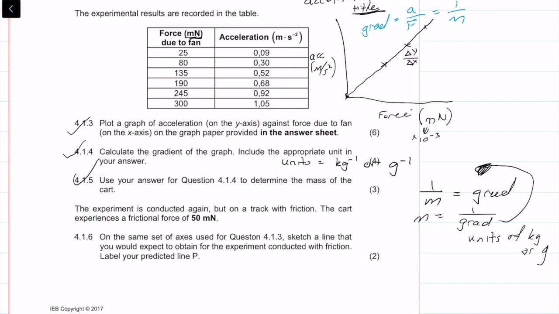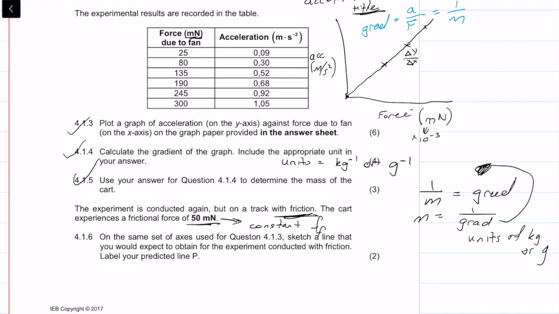Then it says the experiment is conducted again, but on a track with friction. The cart experiences a frictional force of that many millinewtons. So now there is an important constant frictional force.